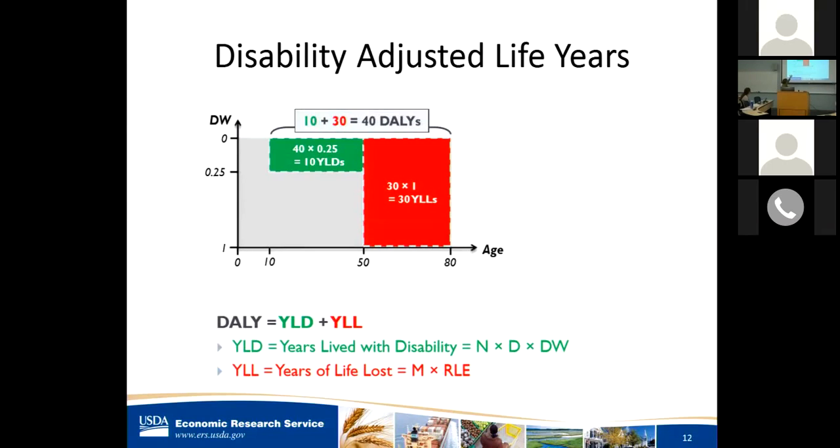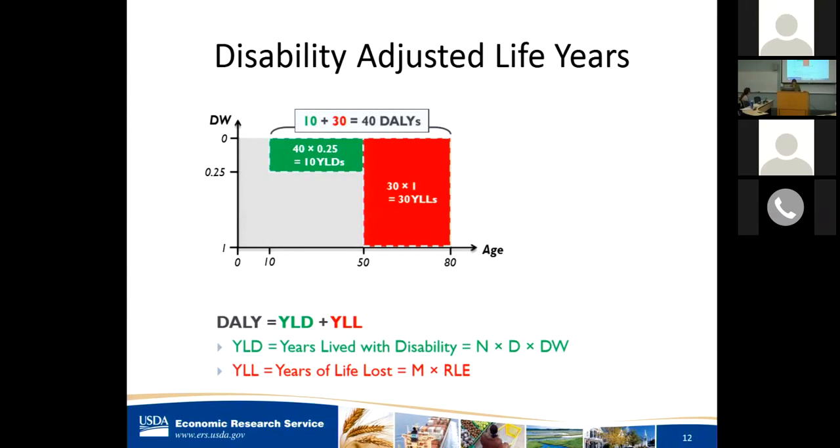But they may have also experienced a period of morbidity. So that's the green area, which shows a reduction in the quality of life during a portion of life. And that reduction in quality of life is reflected in the disability weight, or DW.